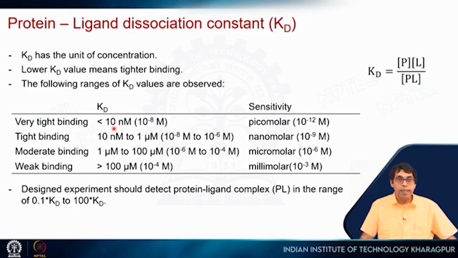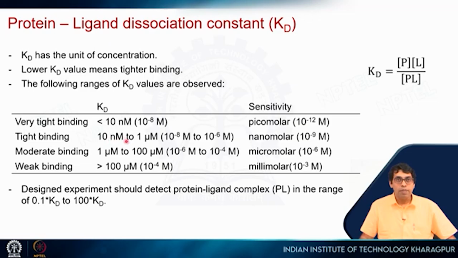When the KD value is less than 10 to the power minus 8 molar, or less than 10 nanomolar, that is something that we define as very tight binding. In that case, the binding becomes sensitive to picomolar concentration of the ligand. So, even if the ligand is in picomolar concentration, the protein can sense its presence, because it will bind some of that ligand.